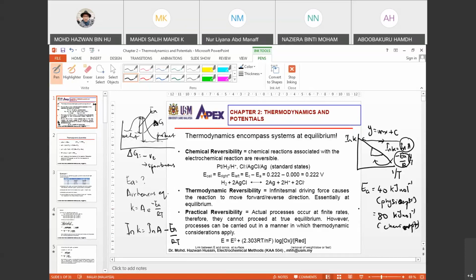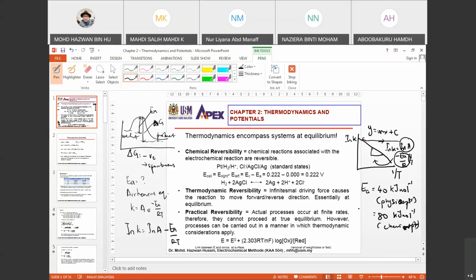As mentioned in the slides, thermodynamics encompasses systems at equilibrium. So chemical reversibility is a chemical reaction that is associated with the electrochemical reaction. And thermodynamic reversibility is the infinitesimal driving force that causes the reaction to move forward or reverse direction, essentially at equilibrium.